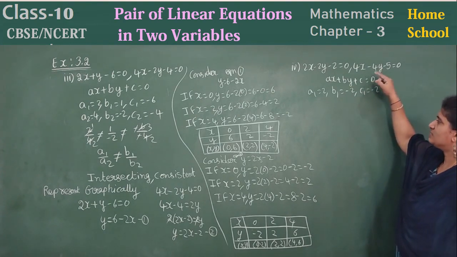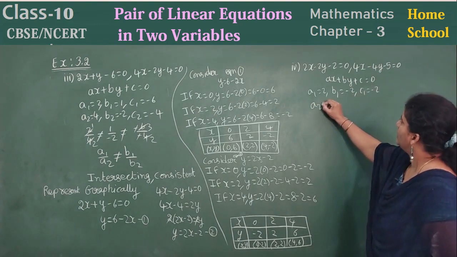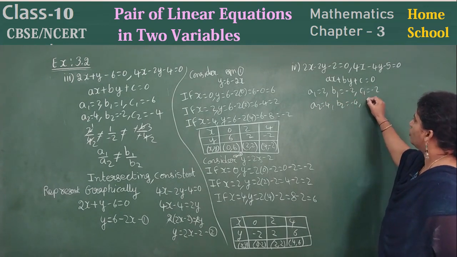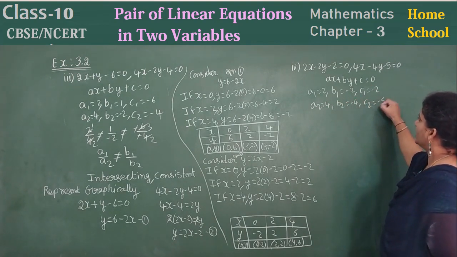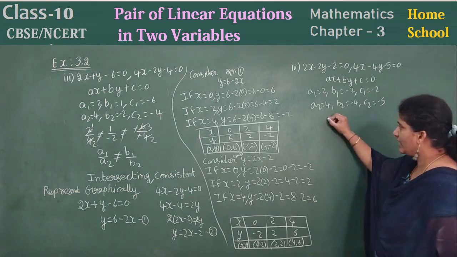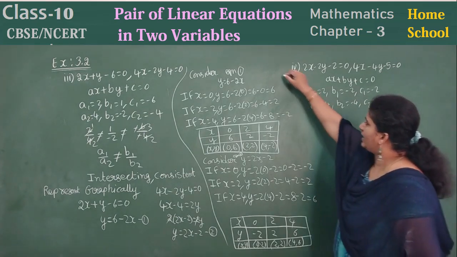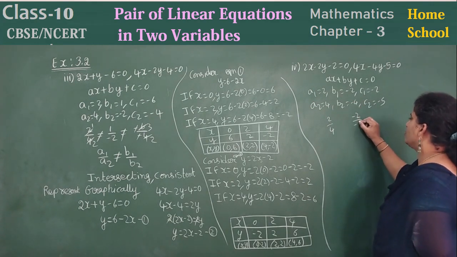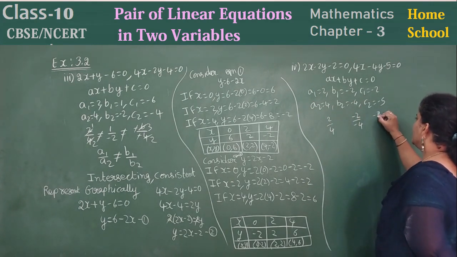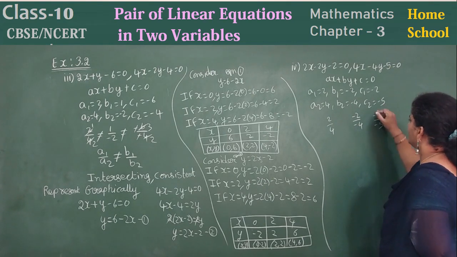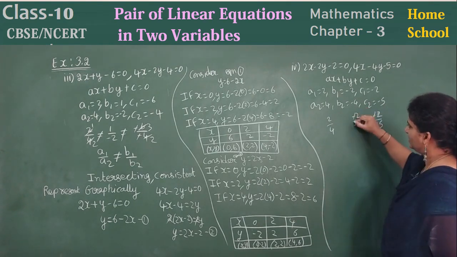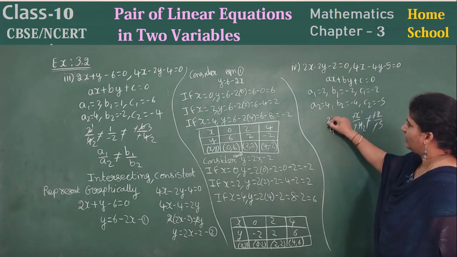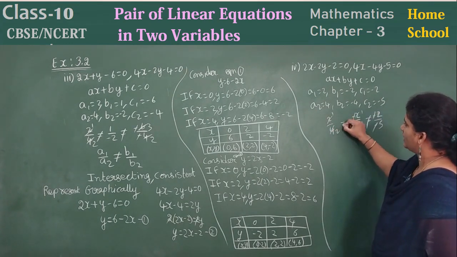Right? Then for this one, a2 equal to 4, b2 equal to minus 4, c2 equal to minus 5. Now write the ratios: 2 by 4, minus 2 by minus 4, minus 2 by minus 5. Minus cancels. 2 ones are 2, 2 twos are 4, then these two are equal and the last is not equal.